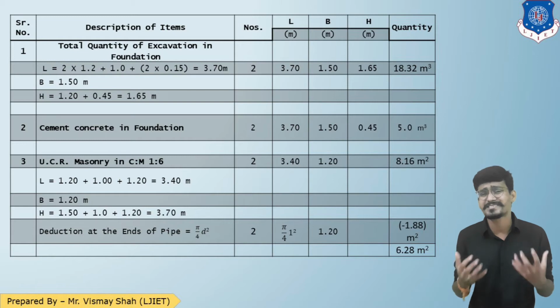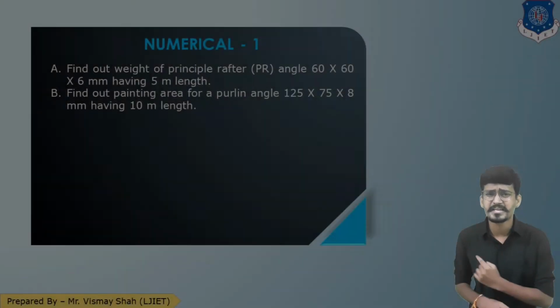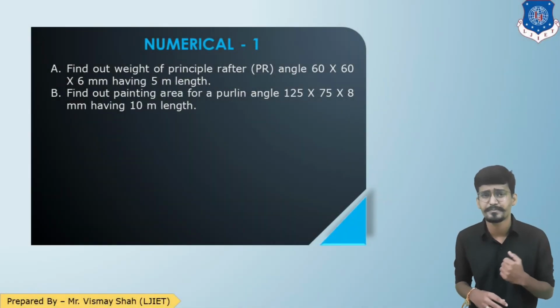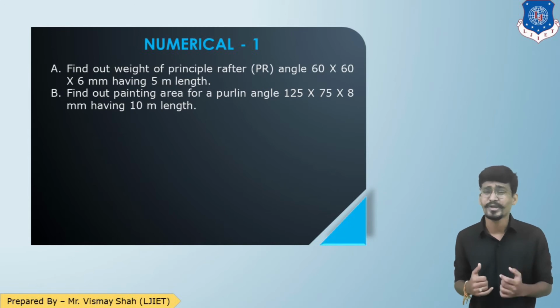All right. So let us read the numerical first. So here is the numerical based on the principal rafter angle. The question says: find out the weight for a principal rafter angle 60 mm cross 60 mm cross 6 mm having 5 meter length.